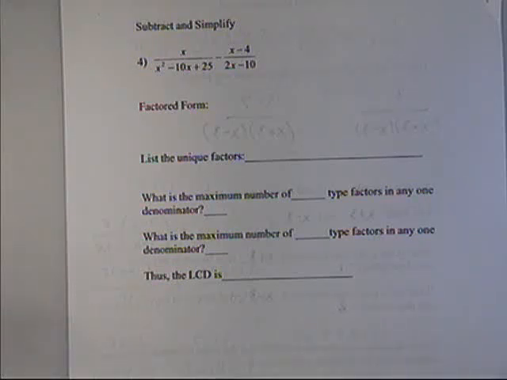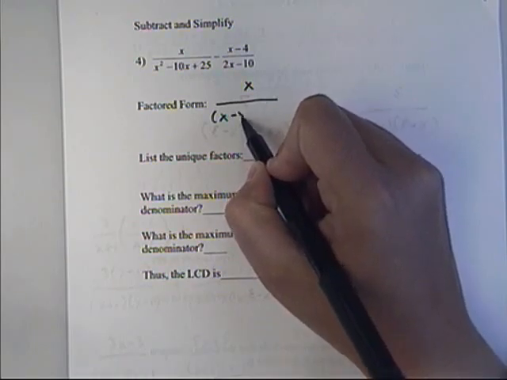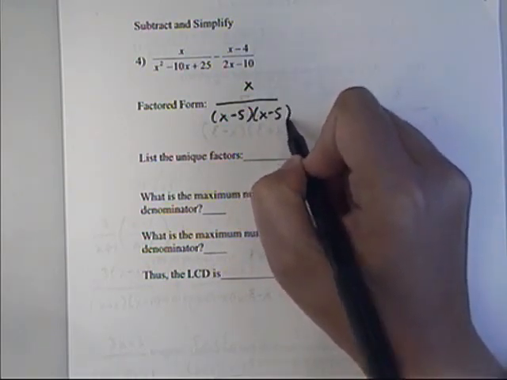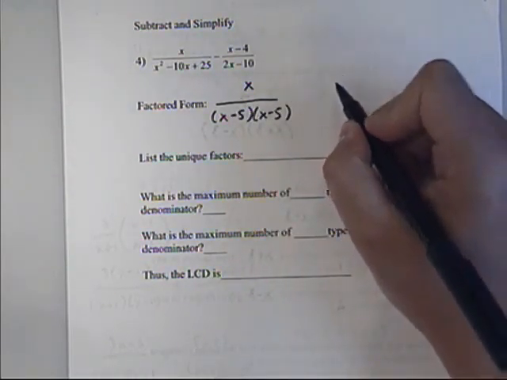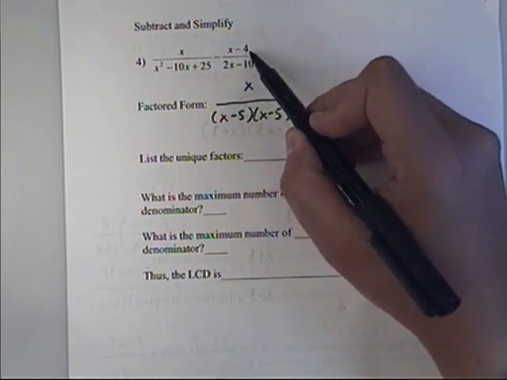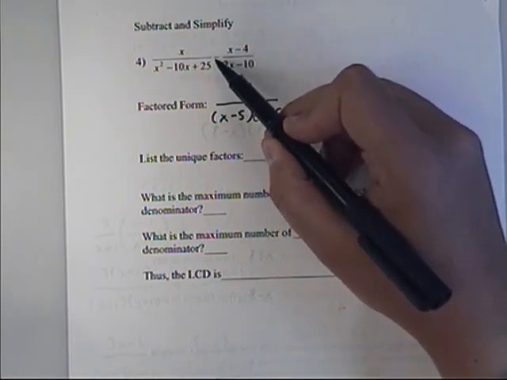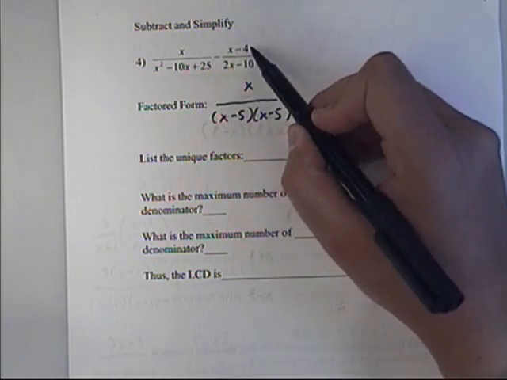Okay, so the factored forms of each of these rational expressions is this for the first one, and up here, see how we're subtracting the x minus 4? I'm going to go ahead and write that as if I've already moved the subtraction across.